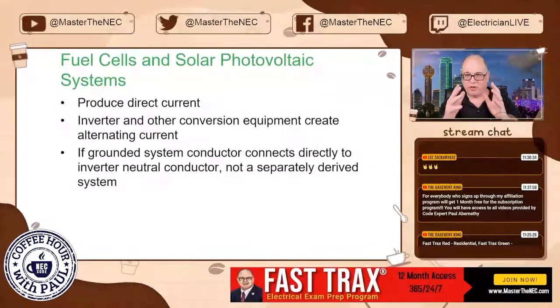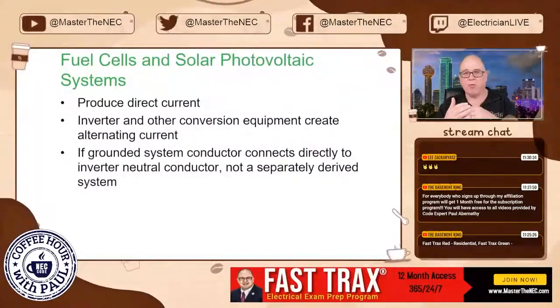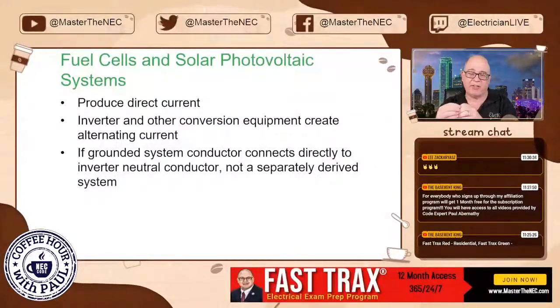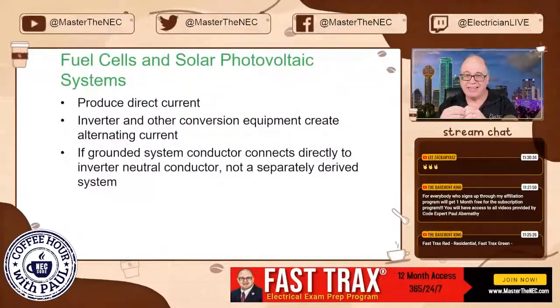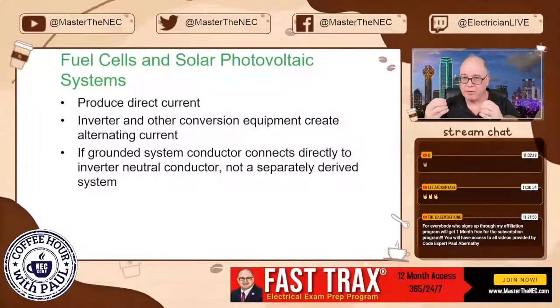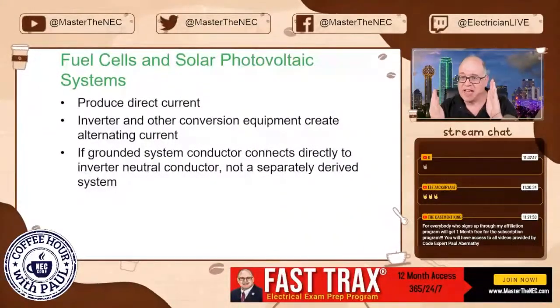So if the connections from the DC grounding connect over and connect to the AC output, all of this connects together, guess what? It is not separately derived. Same concept. If they don't have the ability to be two different systems, then it is not separately derived.